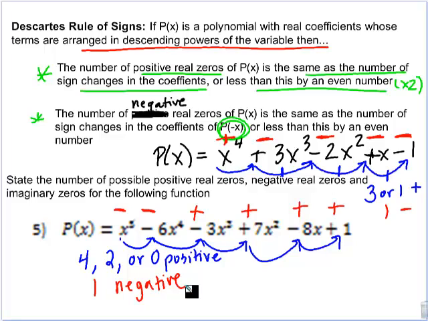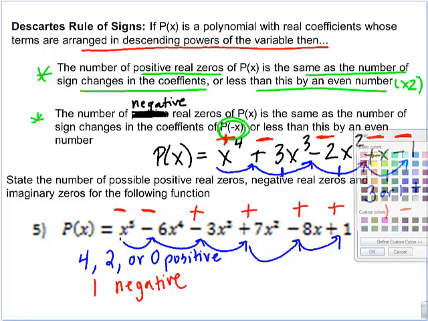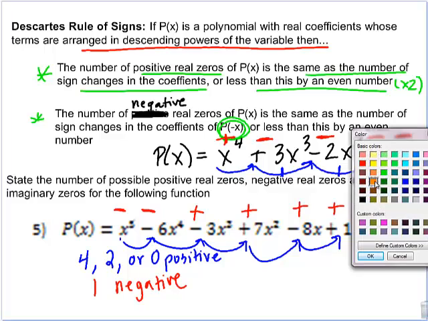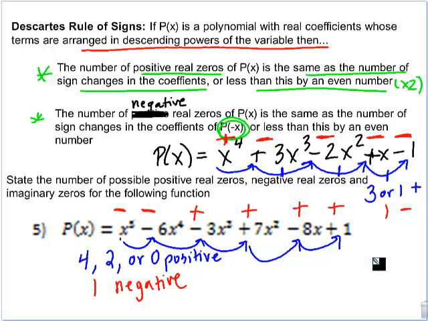That's what we're doing right now. Here we've determined the number of possible real zeros, the possible negative, and now we're going to find the possible imaginary. So now, what does the highest exponent tell us? Our highest exponent should tell us how many total answers we have here, right? Here the highest exponent is a 5.